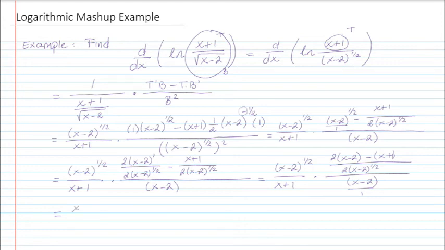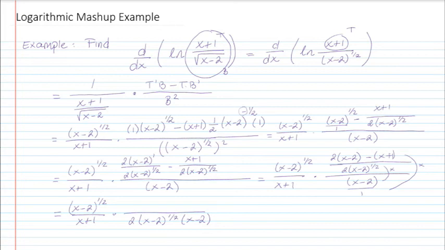I'm going to get x minus 2 to the power of 1/2 divided by x plus 1 times, on the bottom, I'm going to have, remember, inside with inside, outside with outside. So I get 2 times x minus 2 to the power of 1/2 times x minus 2.